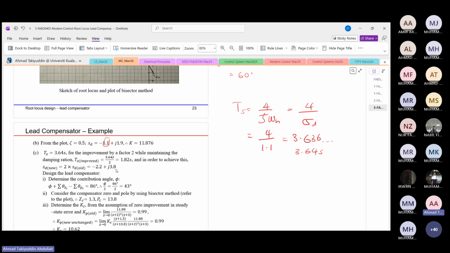Ask me if you have a question from A, B, and C that we have already discussed here. Then we are going to move to how we can design the lead compensator. I think it would be better if you understand what we have had before we continue. Right, guys? Can we do so? Yes, sir. Okay.